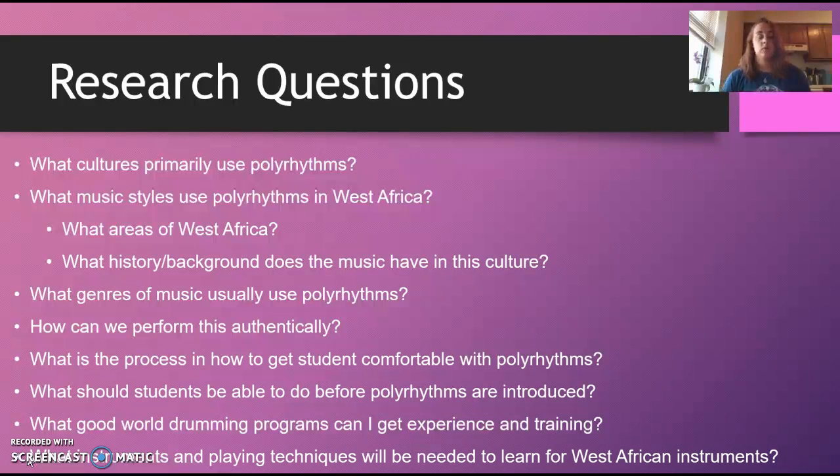So hopefully by going from Africa to West Africa, and then finding parts of West Africa that use polyrhythms, and when I find more of those focused areas, I want to ask the question of what history and background does the music have in these cultures?